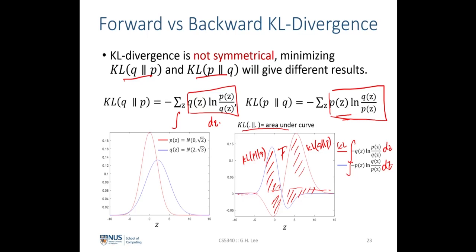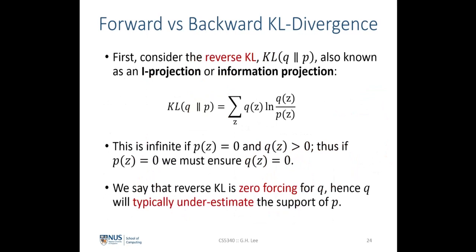Thus, in our optimization of these KL divergence terms in the derivation of variational inference, we need to choose a particular setting of QP or PQ. First, let us consider the reverse or backward KL divergence of QP.